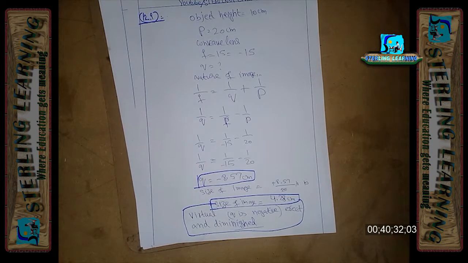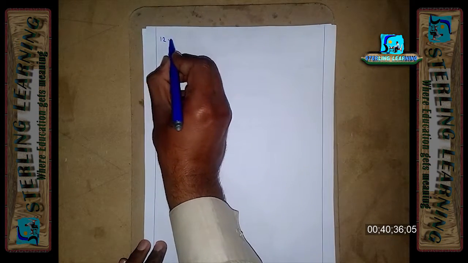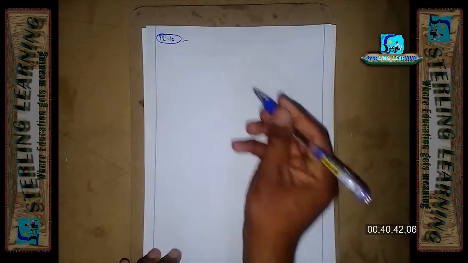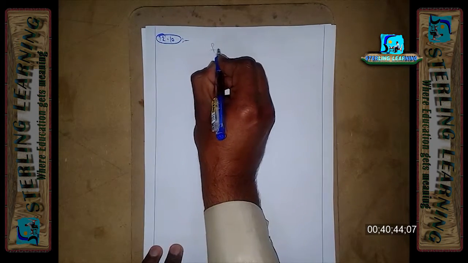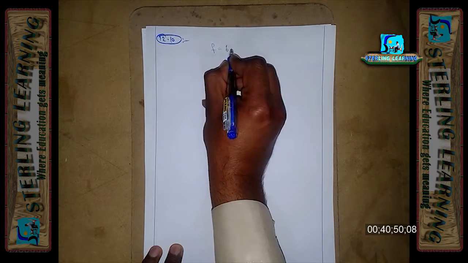12.9 is done. 12.10, convex lens f is equal to 6 centimeters.